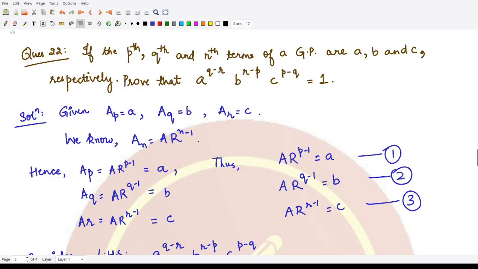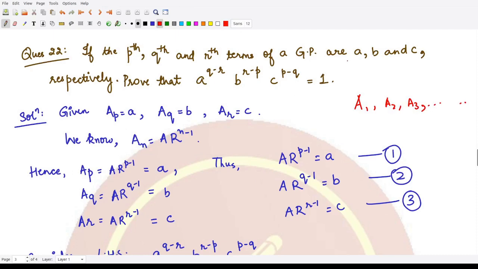It says that if the pth, qth and rth terms of a GP are a, b and c, right? So the pth term, that means we are taking all the terms like this, A1, A2, A3 and so on of our GP. Why?